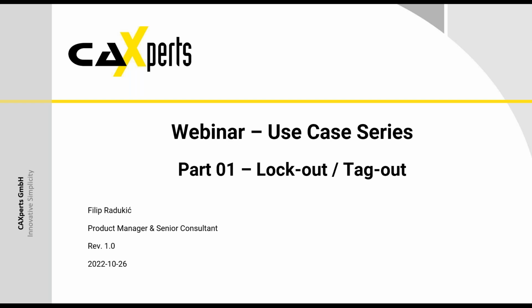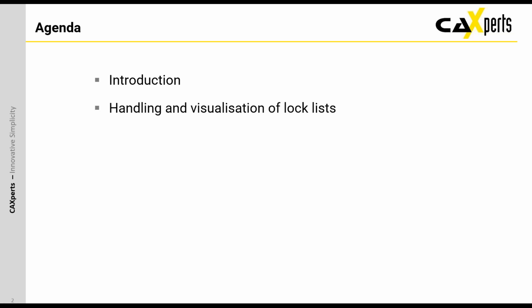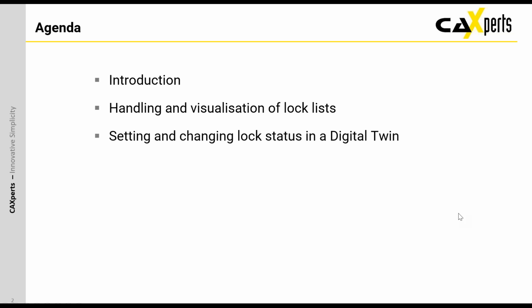So this being said, let's actually look at today's agenda. First of all, we'll have a look at a short introduction to the topic, then handling and visualization of lock lists, or also depending on the corporate wording, isolation lists, setting and changing lock status in a digital twin environment, and animations for training, different training scenarios.